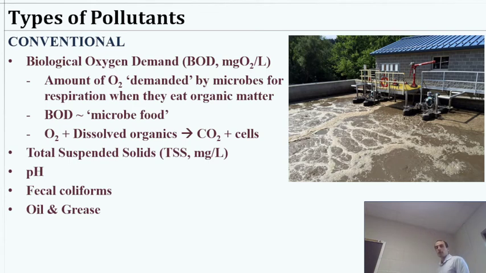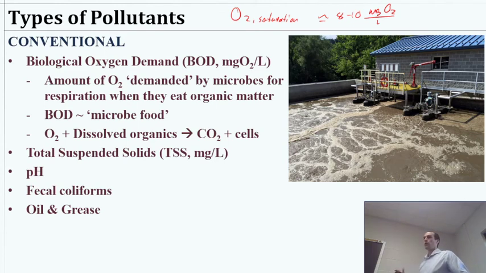So biological oxygen demand, we measure in terms of the milligrams of oxygen that can be consumed per liter. So in water, our dissolved oxygen saturation is often something like 8 to 10 milligrams per liter. Just as a little standard here. It is very temperature dependent.